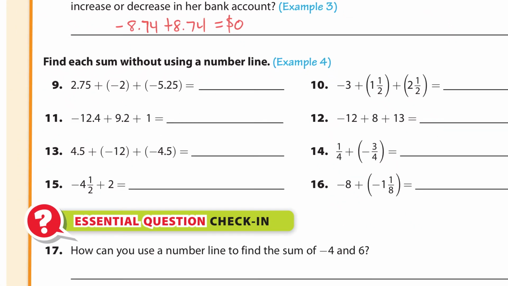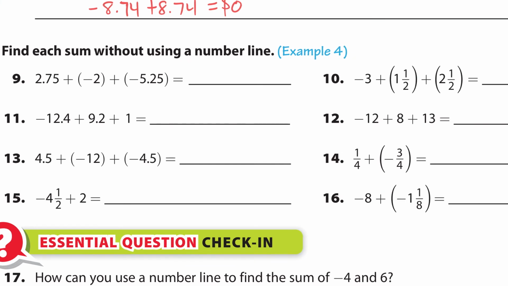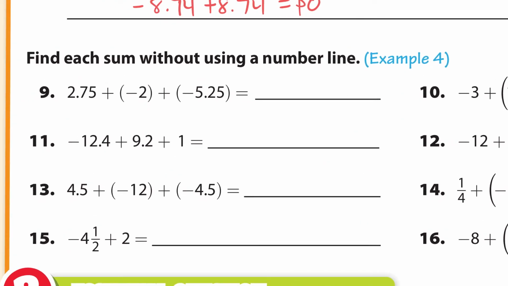All right, let's see. In this one, I'll just put those two together. I'll just go left to right. Sometimes you could jump around. 2.75 minus 2 is 0.75, plus a negative $5.25. I'm subtracting these.